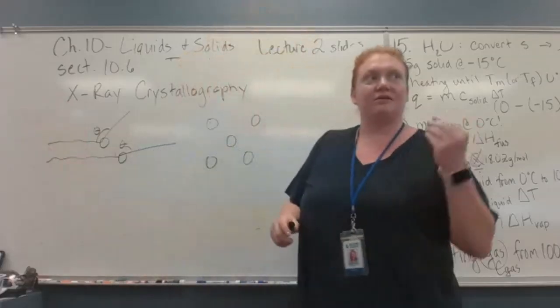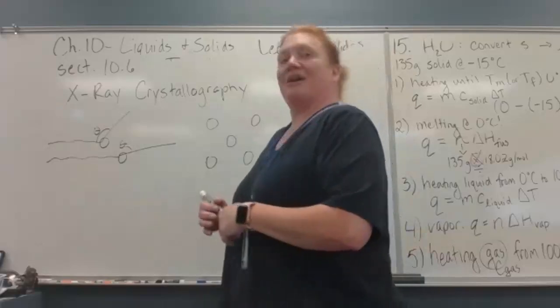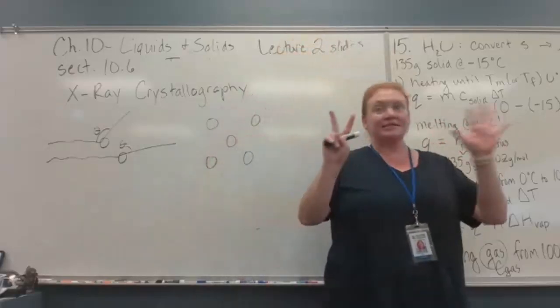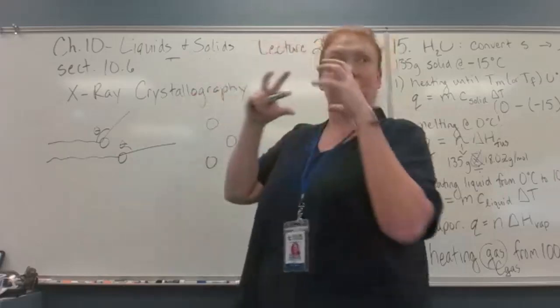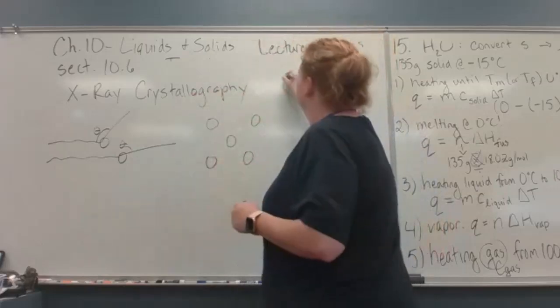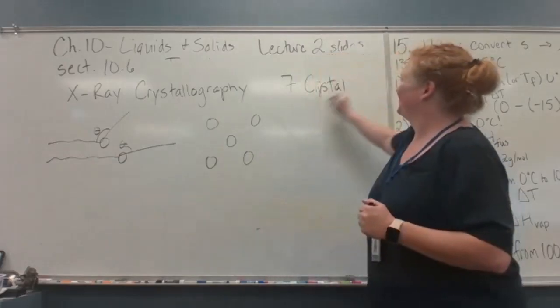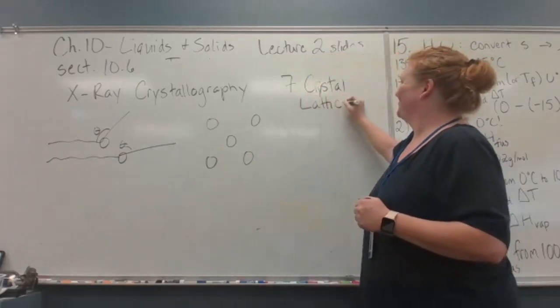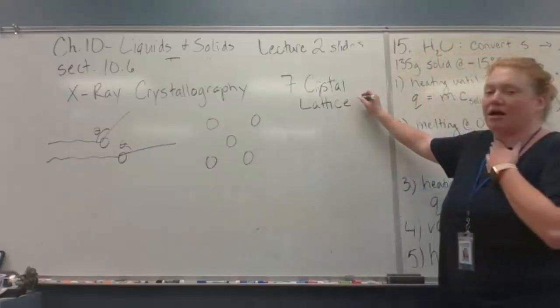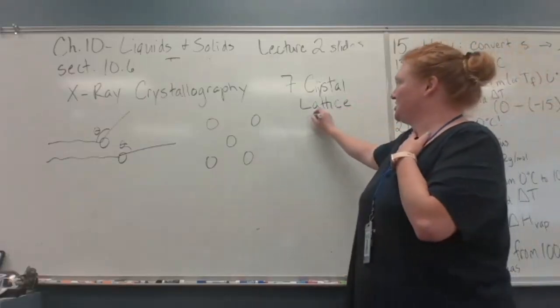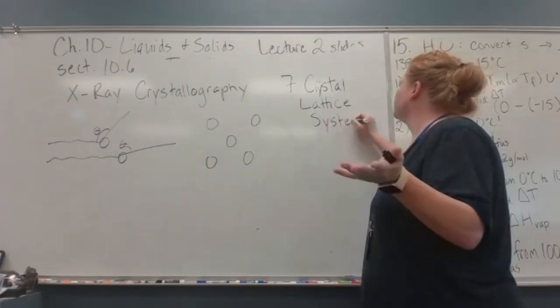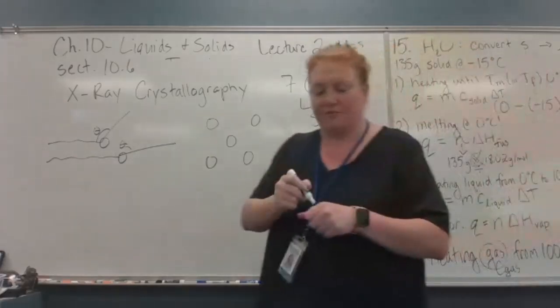We have determined in science, in chemistry, there are actually 7 distinct crystal lattices. Sometimes we call them crystal lattice systems. There's 7 of them.